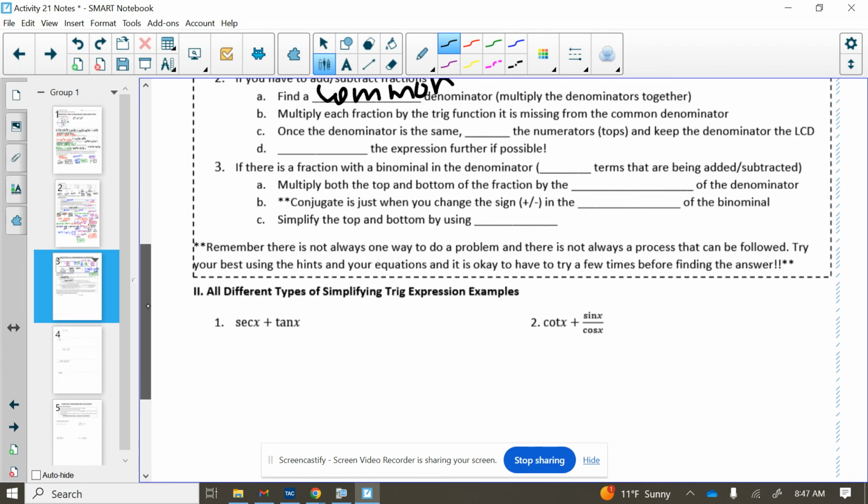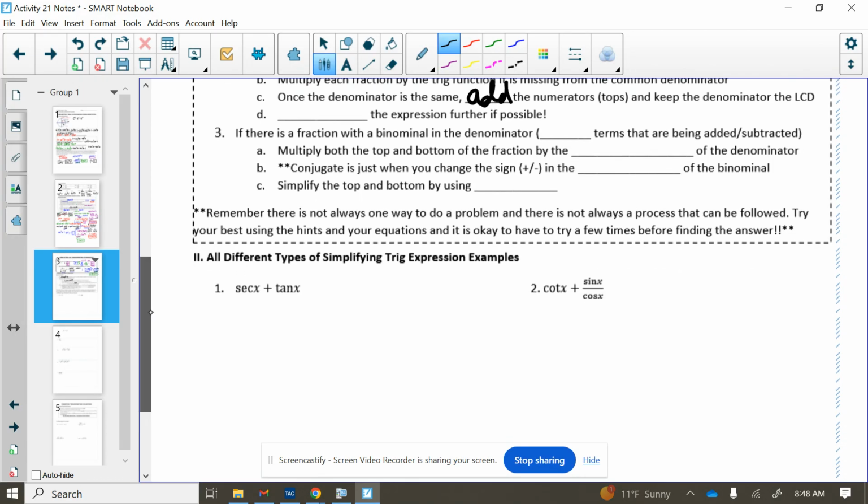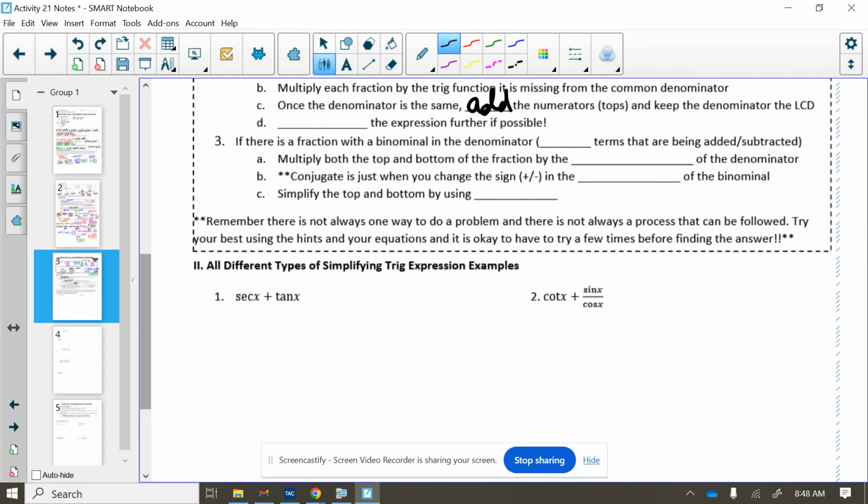So we must make sure that occurs. And then we can always simplify from there by adding or subtracting, depending on what they're asking you to do, the tops and keeping that least common denominator in the bottom.